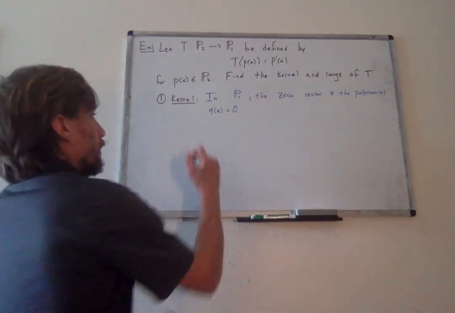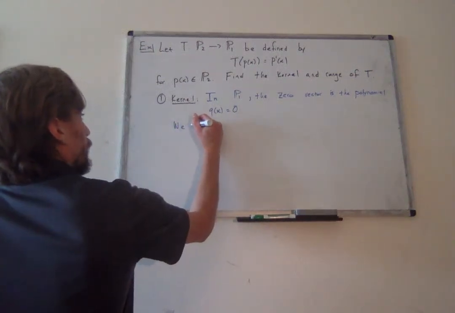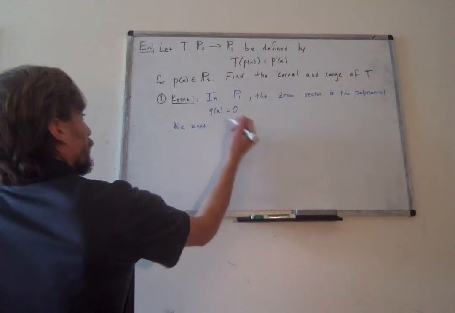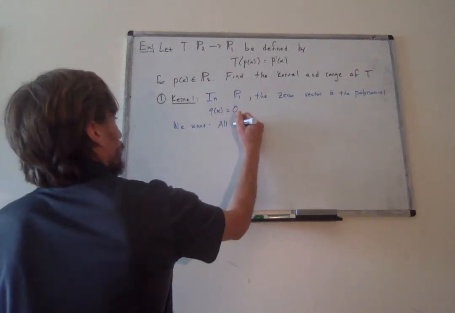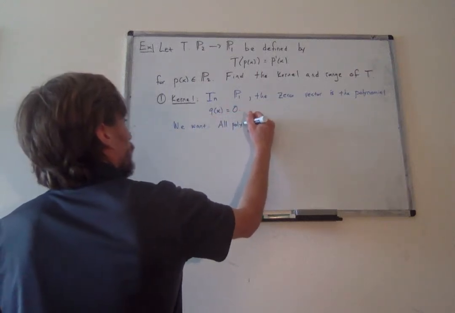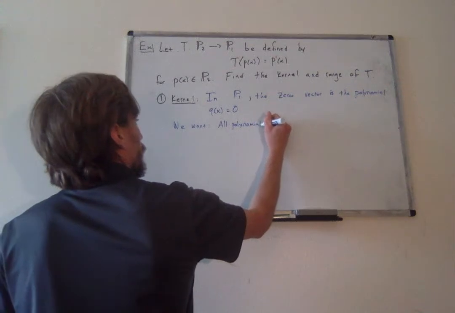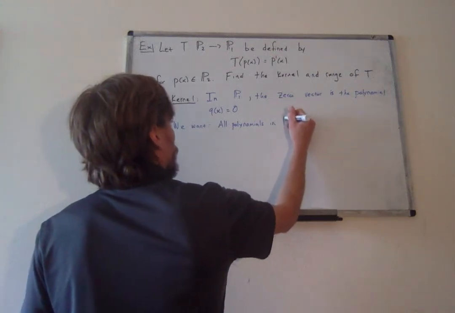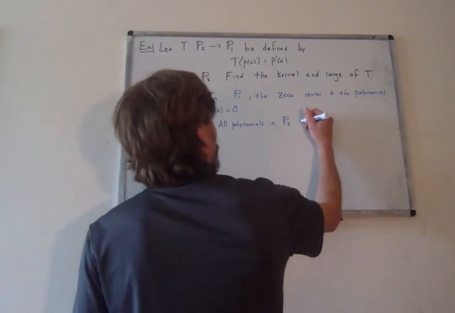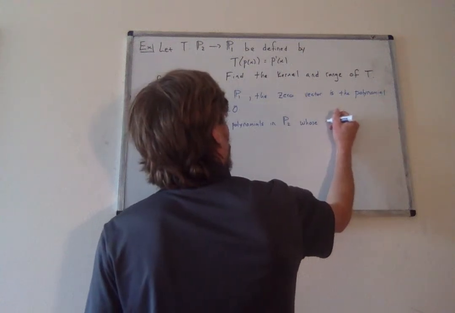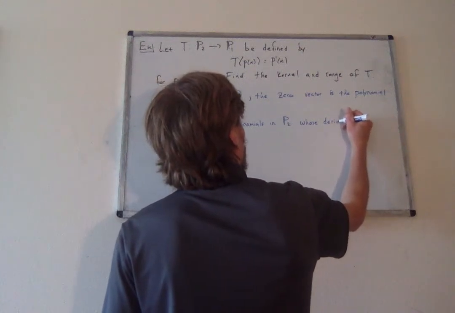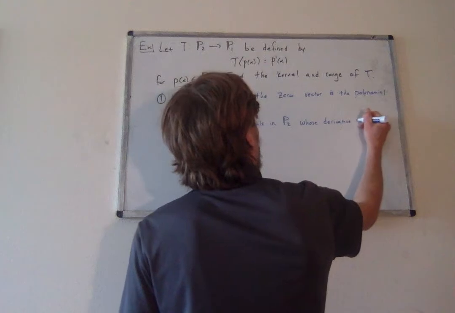So what we want is all polynomials of degree at most 2, that is, in P2, whose derivative equals 0.